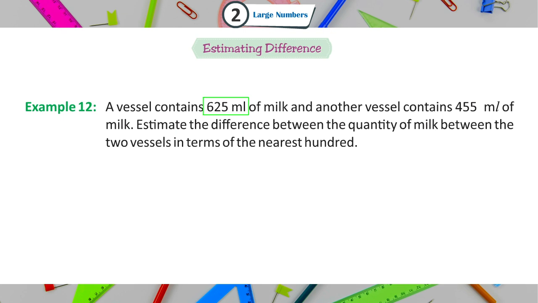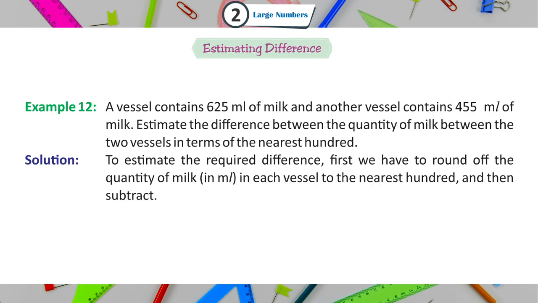Example 12. A vessel contains 625 milliliters of milk and another vessel contains 455 milliliters of milk. Estimate the difference between the quantity of milk between the two vessels in terms of the nearest 100. Solution.